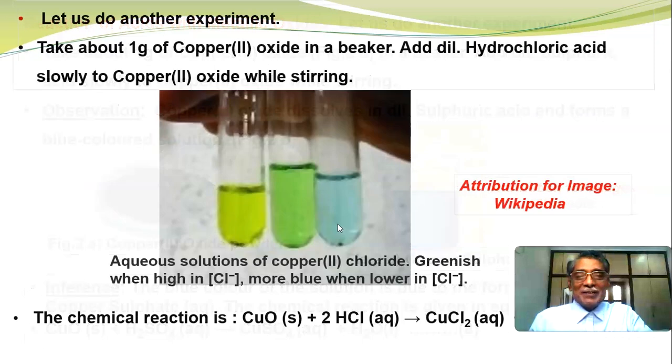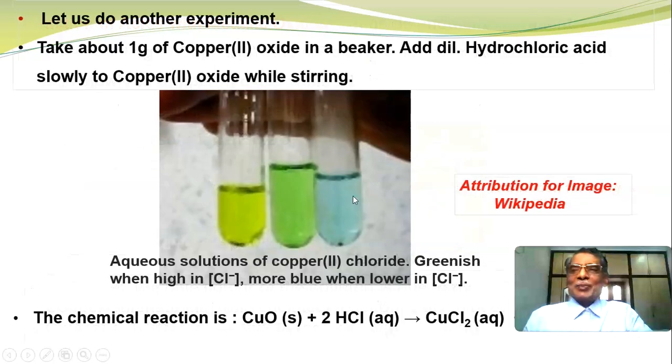This is the equation. Let us do another experiment. Again, take 1 gram of copper(II) oxide in a beaker. Now, instead of sulfuric acid, you add dilute hydrochloric acid to copper(II) oxide slowly. What do you observe? If the chloride concentration is higher, that means if the concentration of hydrochloric acid you have taken is more, then you will observe a greenish solution.